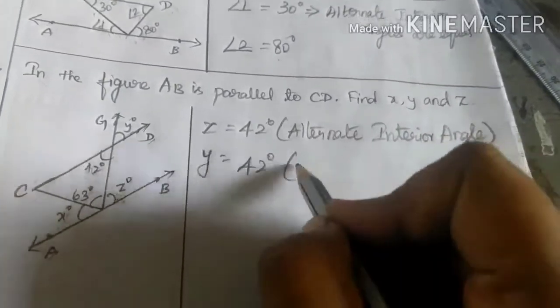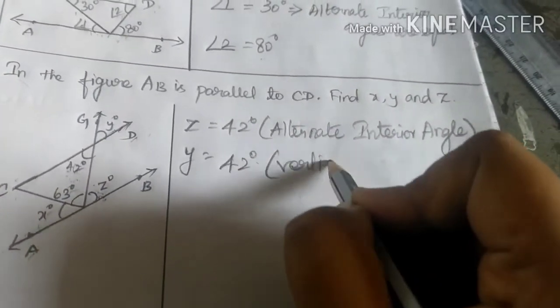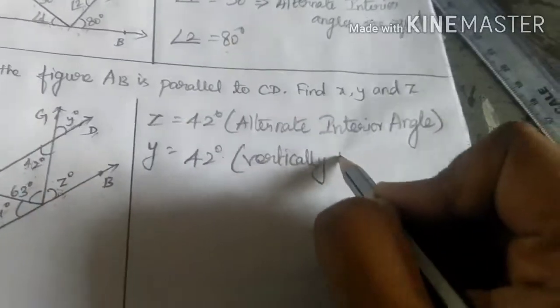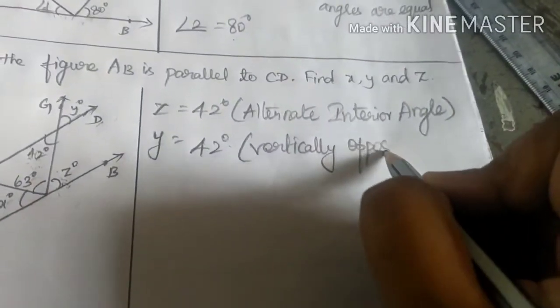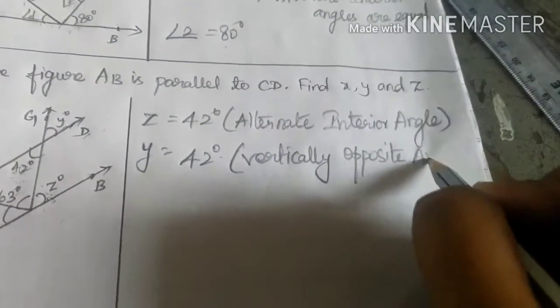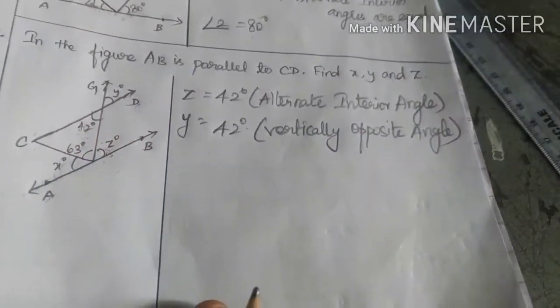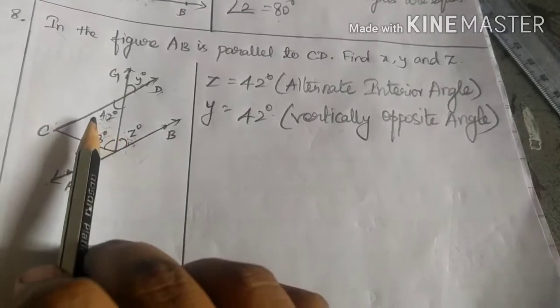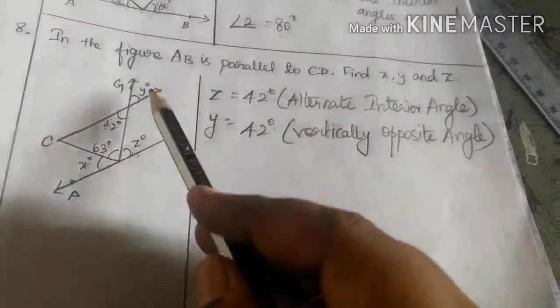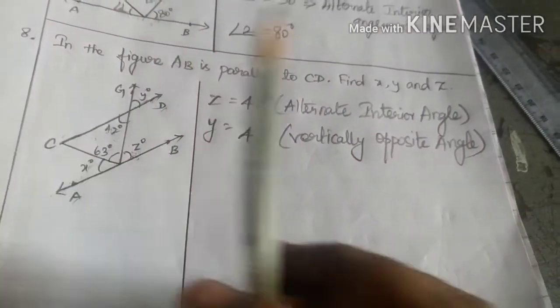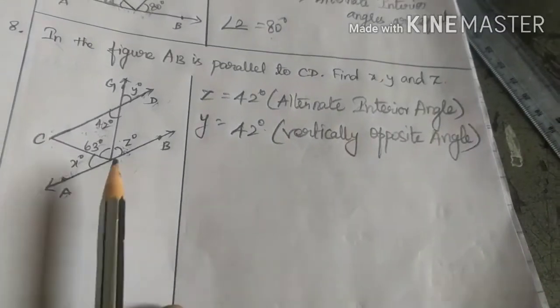Y means it is a vertically opposite angle. We found the value for y and z. Okay va. So z oda alternate interior la 42 degree irukku, y oda vertically opposite la 42 degree irukku. We found the value for z.